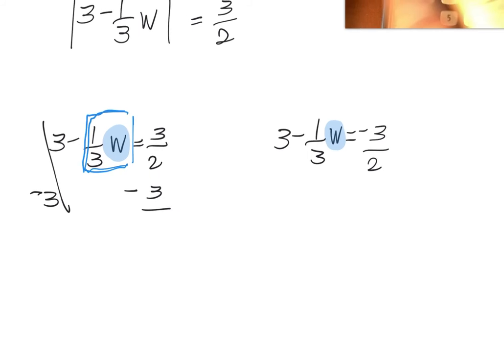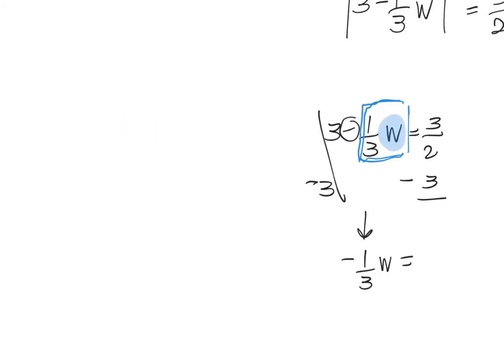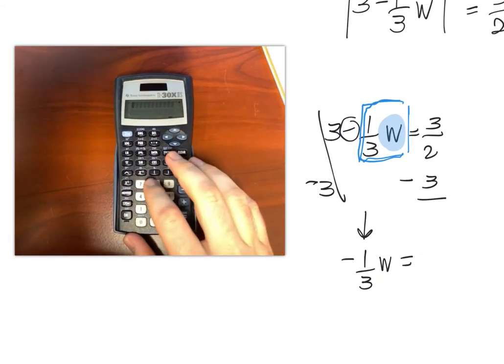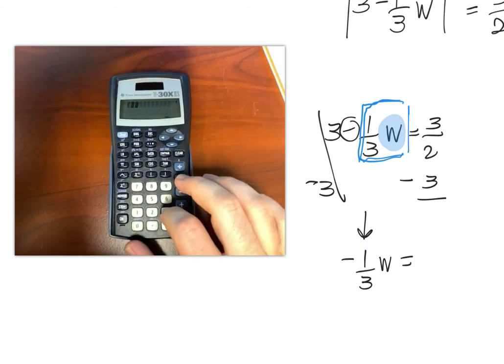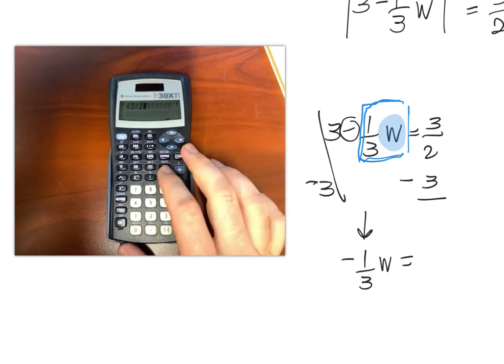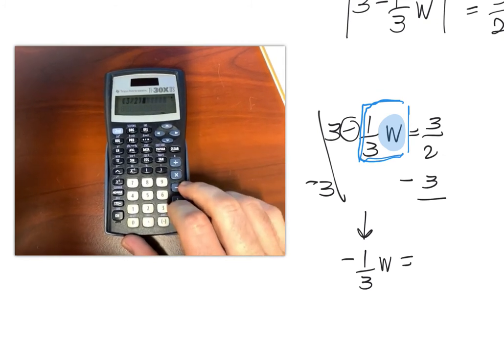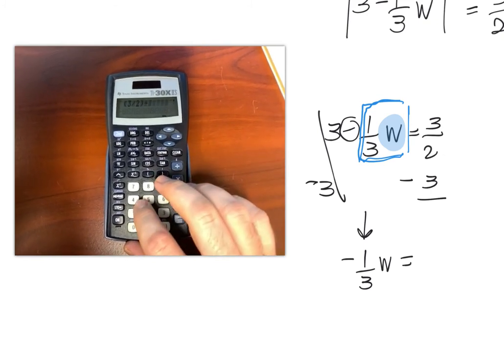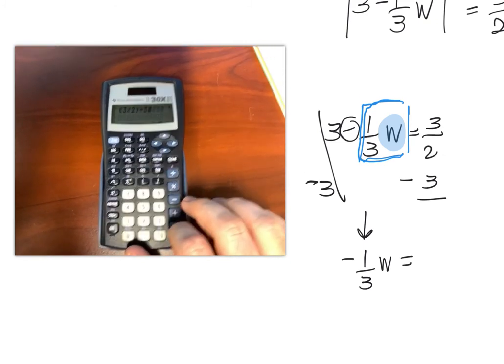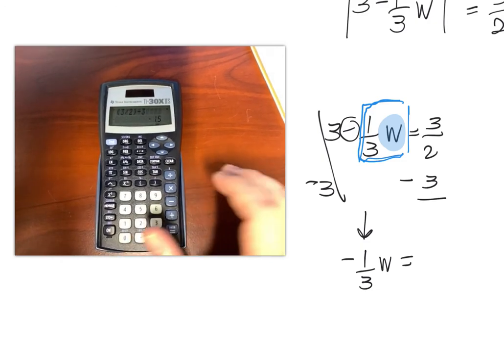And I will get that negative 1/3 W, don't forget that negative that was with it, equals, and I'll just do this one in the calculator for you again. Let's come off to the side. So that's 3/2, so parentheses, open them up, 3 divided by 2. Close your parentheses, and then we are subtracting 3 from it, and negative 1.5.